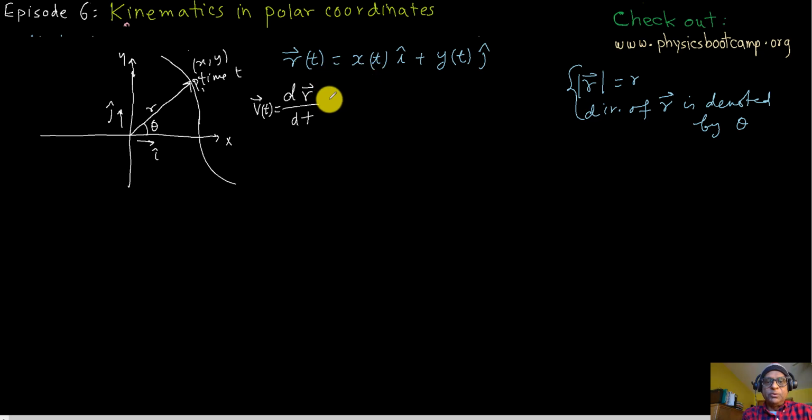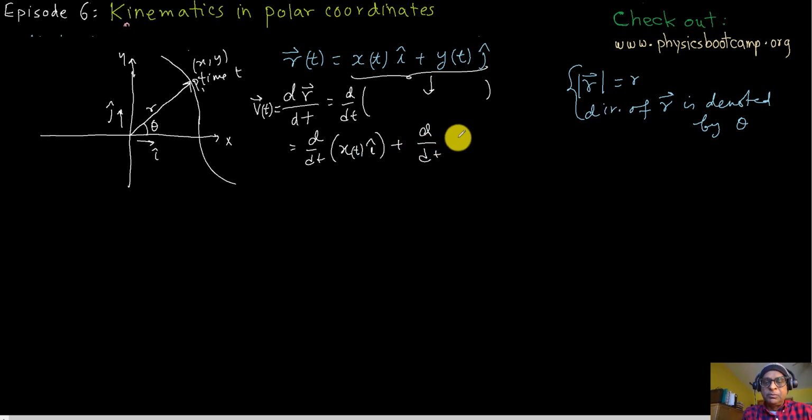When I take the derivative d/dt of this whole thing, that should distribute as d/dt of x i hat plus d/dt of y j hat.